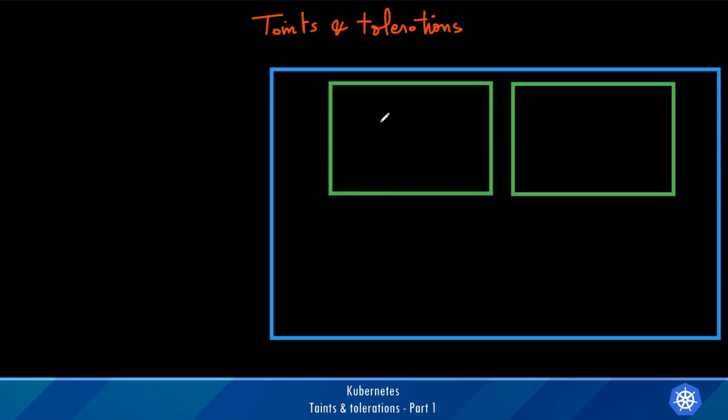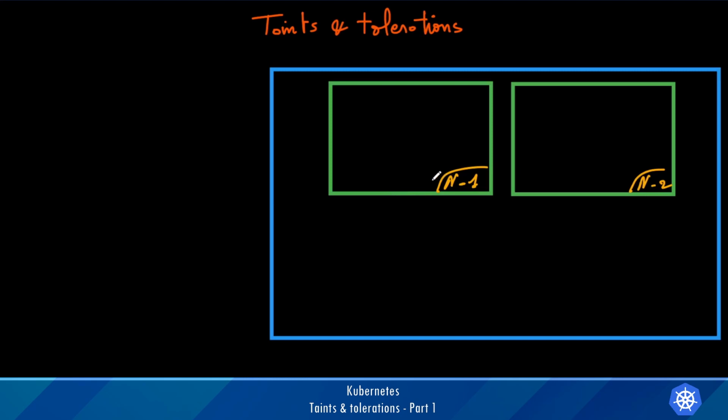Okay. Let's say that we have a Kubernetes cluster with two worker nodes. Here we have the first worker node, and here we have the second worker node. Let's say that we want to tell the scheduler that this worker node doesn't accept any pod.